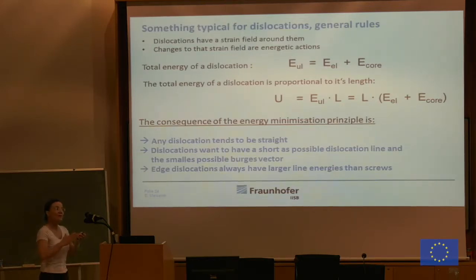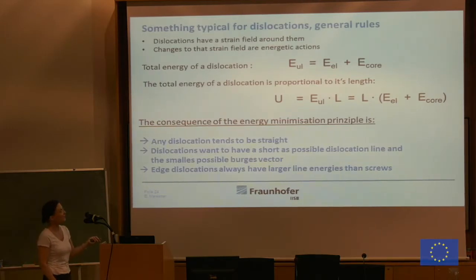If you have a long Burgers vector, it means that each dislocation spans over many lattice planes. This is not favorable because the energy effort would be too large. And for the minimization principle, the system then tends to break this dislocation, to dissociate it into dislocations with smaller Burgers vectors. And edge dislocations always have a larger line energy than a screw dislocation.